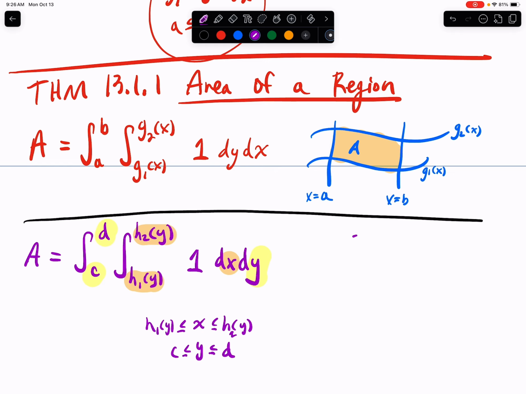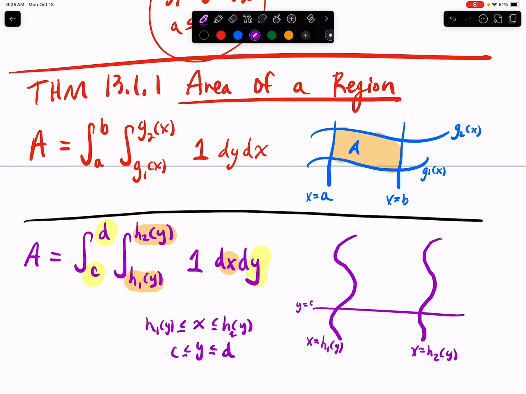This is the scenario where now x is a function of y. So this is h1 of y, so x equals h1 of y, and then this is x equals h2 of y, and then the constants y equals c to y equals d here. And so the area here, what I'm finding, is this region.